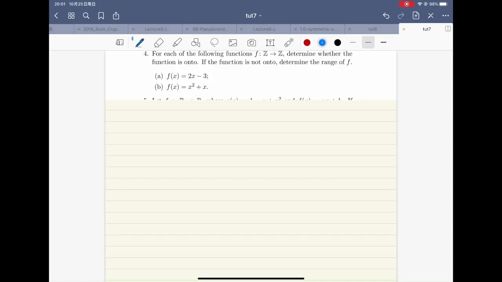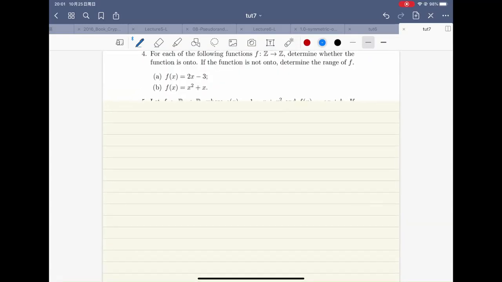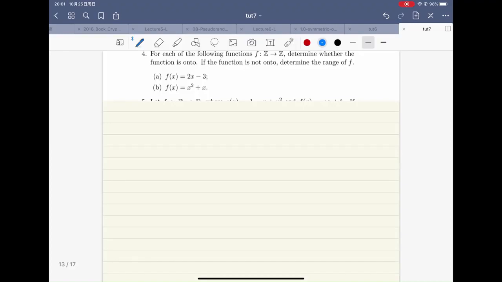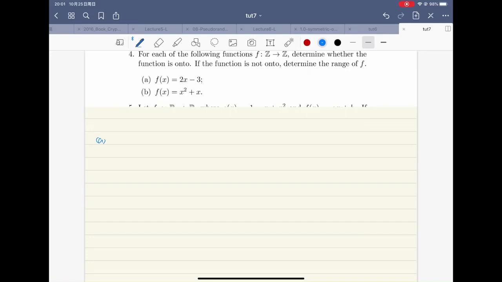So let's have a look at the first function. The first function is f(x) equals 2x minus 3. Is this one an onto function? Let's check that. Choose a y belonging to the integers such that y equals 2x minus 3.